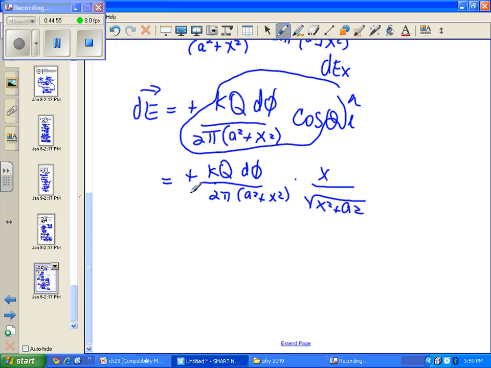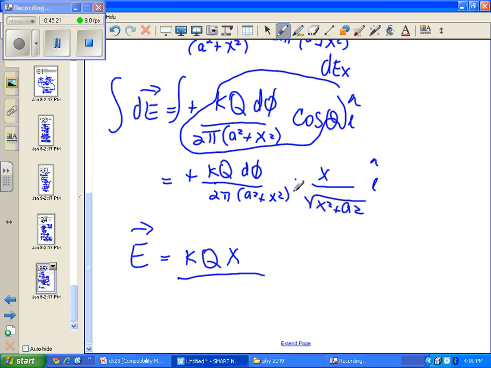Well, we're ready now to perform our integration. Integrating both of these. And by the way, let's just put a little i hat there. We get E equals. Well, let's pull everything that's constant out of the integral. k is constant. Q is constant. d phi is not constant. x is constant. 2 pi is constant. a squared plus x squared times the square root of x squared plus a squared is constant.